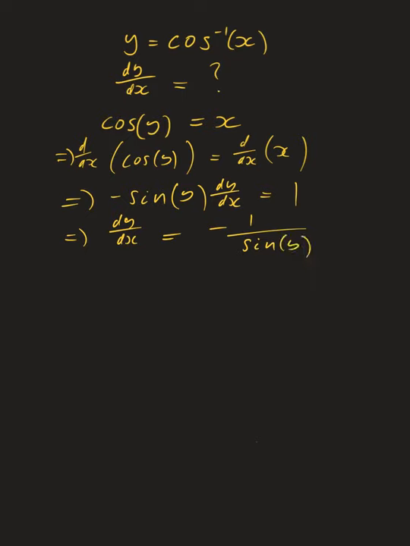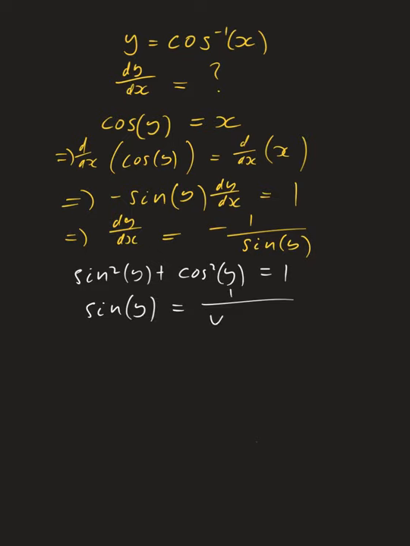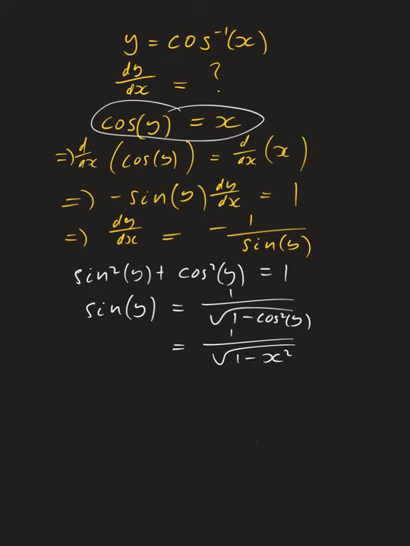So let's go back again to our old formula. Sine squared of y plus cosine squared of y is equal to 1. We can rearrange that to get sine of y is equal to the square root of 1 minus cosine squared of y. And remember that this time the cosine of y is equal to x, so that's equal to the square root of 1 minus x squared.